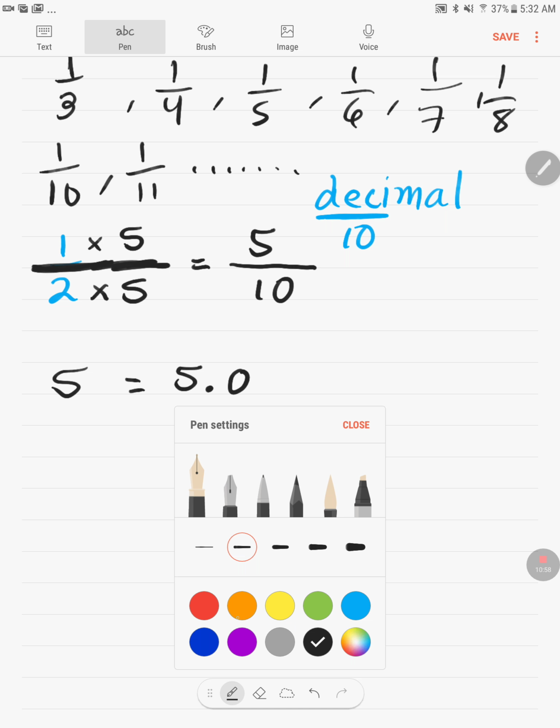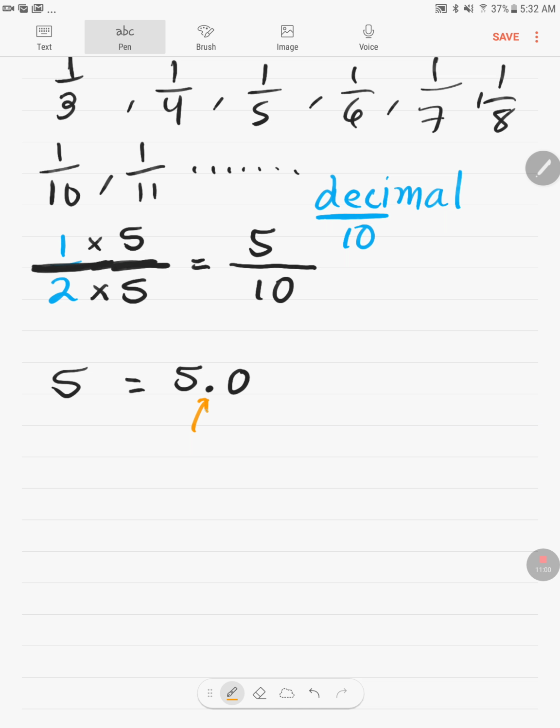The decimal point means this number is just a whole, and the fraction part in this case is 0.